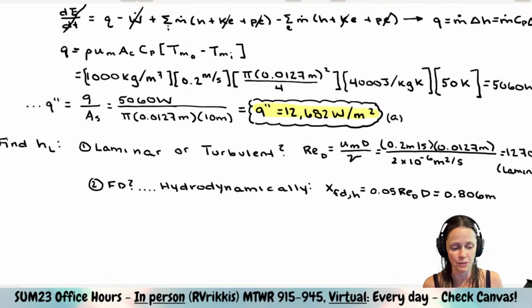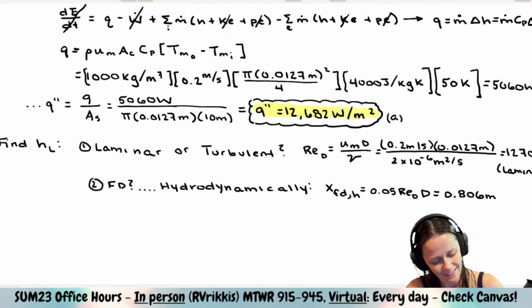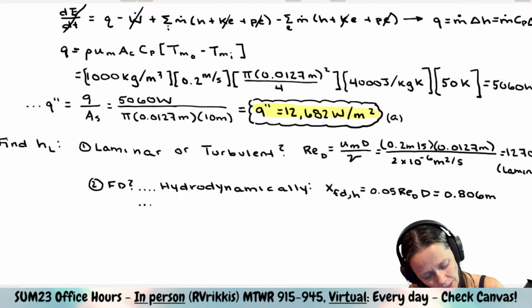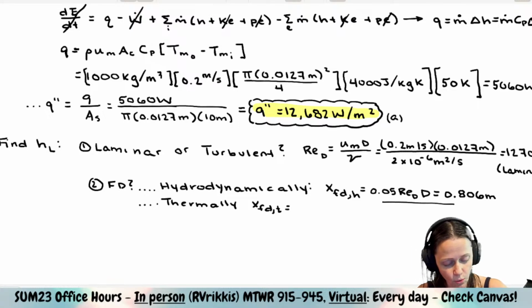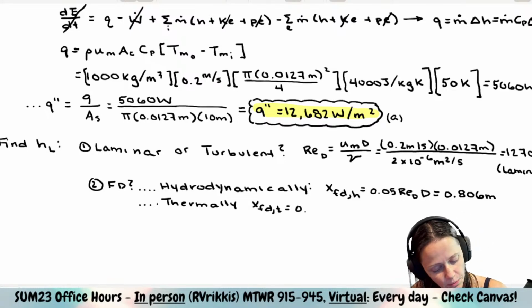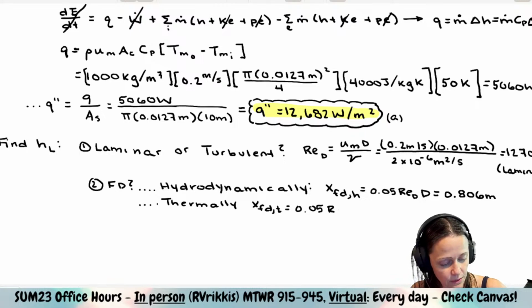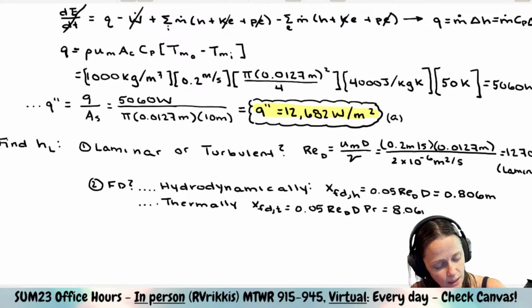I put 8.06, which changed things, because when we calculate if it's fully developed thermally, it's going to be this whole quantity right here: 0.05 times our Reynolds number times our diameter times our Prandtl number. And since our Prandtl number is 10, that's 8.06 meters.